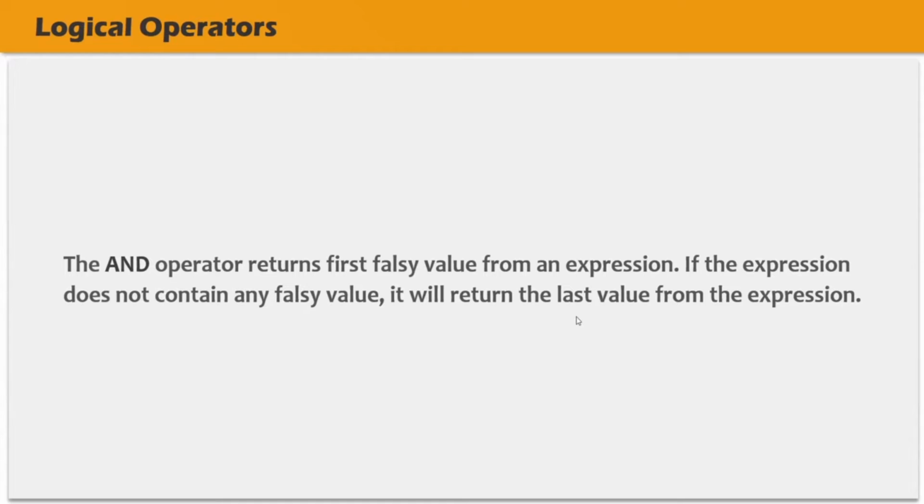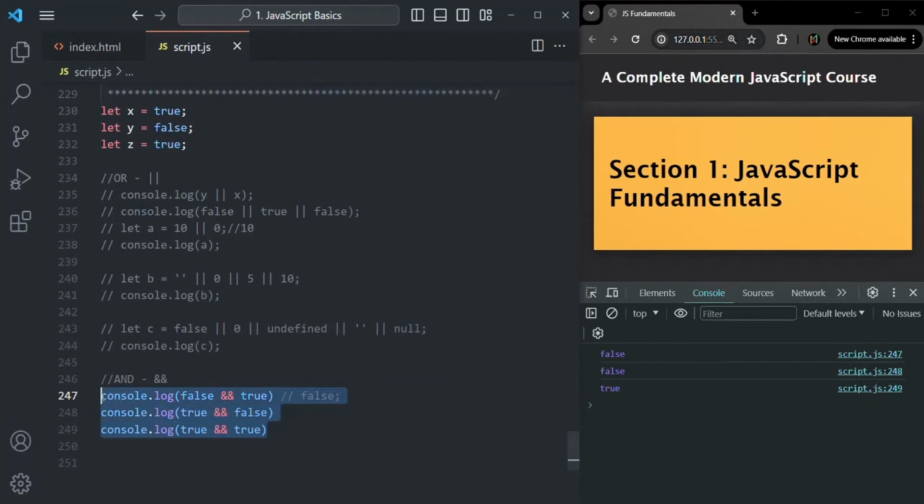Now, when we use the AND operator on non-Boolean values, it will return the first falsy value from the expression. And if the expression does not contain any falsy value, then it will return the last value from the expression, the last truthy value. Let's try to understand this with an example. Let me comment this code here and create a variable.